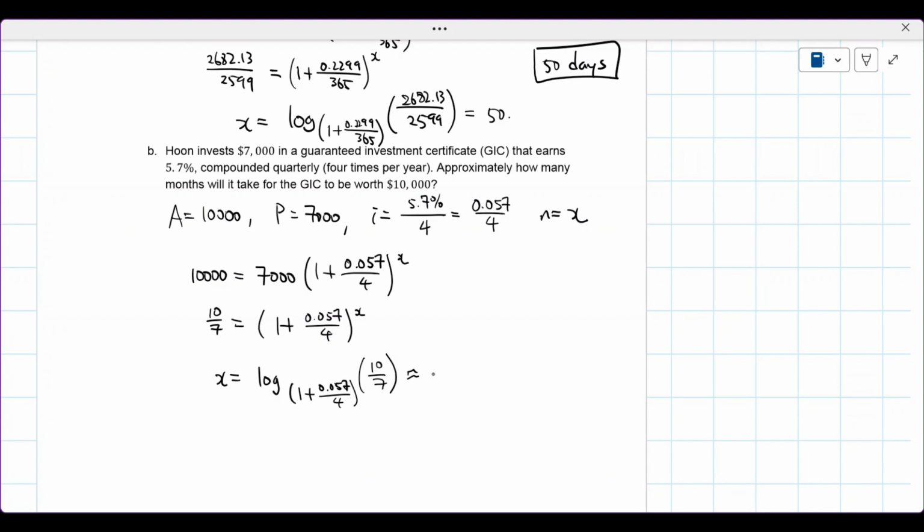The answer that we got is approximately 25.2. So what does this number mean? We have 25.2 compounding periods before we reach the $10,000 goal.